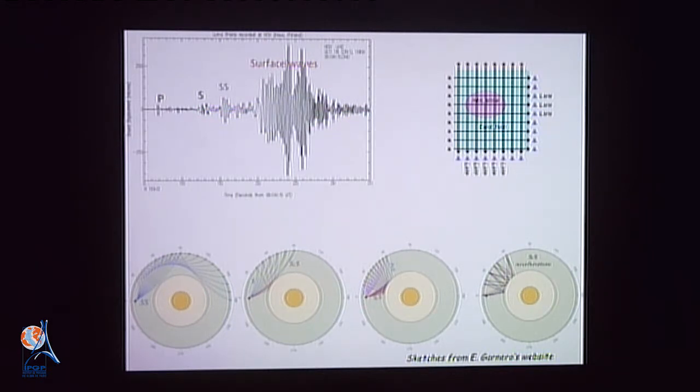The other thing is that if you look closer, you can see that in the waveforms you not only have the main phases, but you have what we call the coda of the main phases, the part of the waveform that is behind the first arrival.